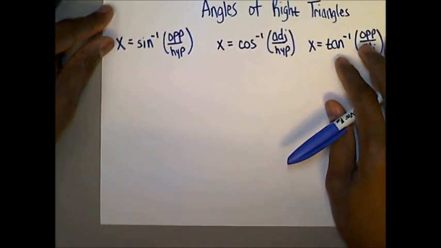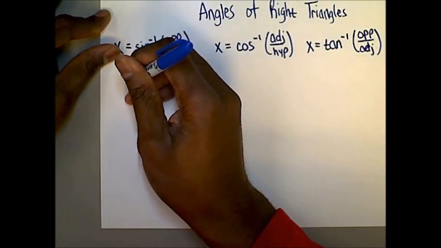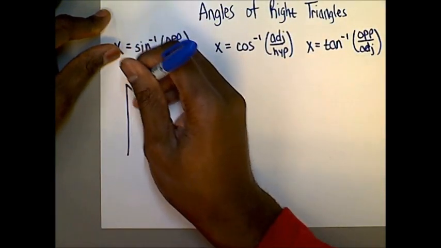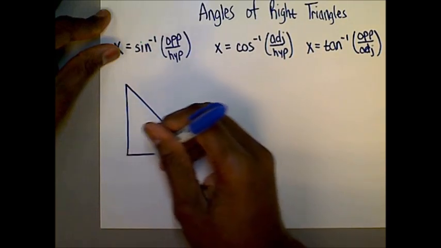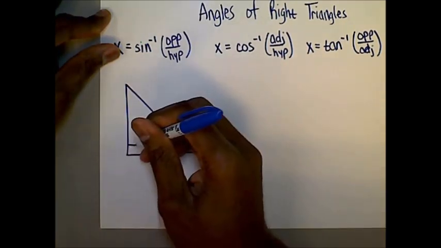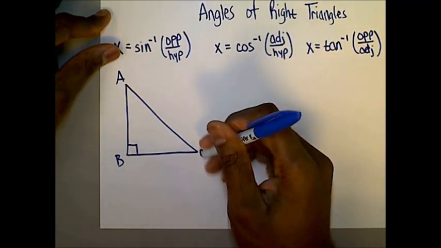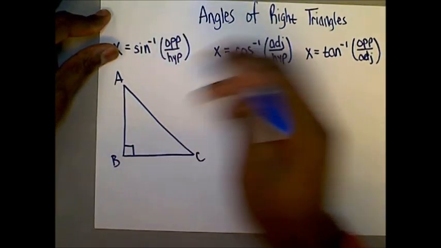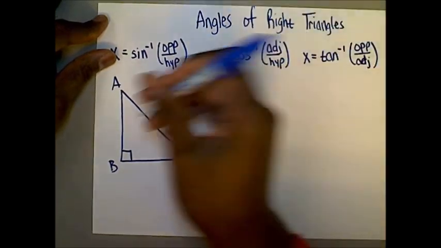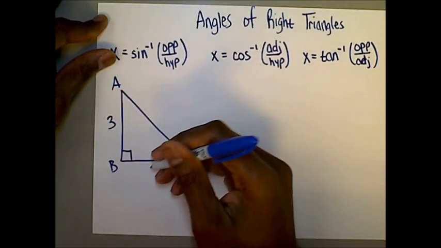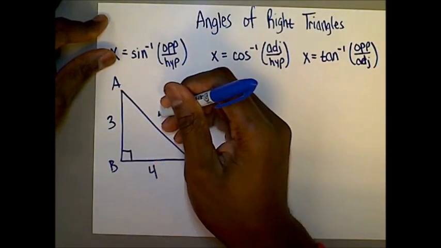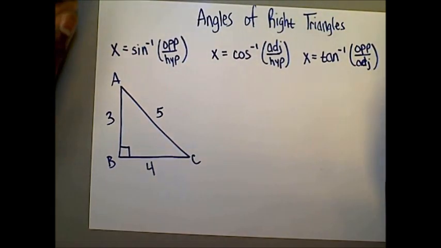Okay, so let's work a couple examples out to kind of see how all of these work. So, first thing, we're going to create our right triangle. I'm going to call this side my A, my B, my C, and I'm going to use a Pythagorean triple, hint hint, 3, 4, and 5. Okay?